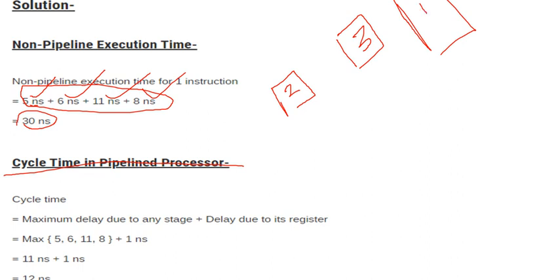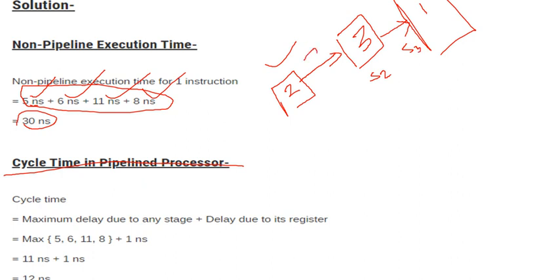Then what will happen? In 2 units, this stage will pass the data to this stage. Suppose this is the S2 stage, and because the completion time in this stage is 3 units, it will pass the data to the S3 stage in 3 units.